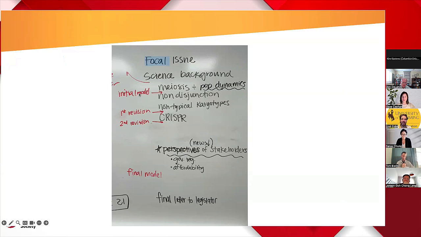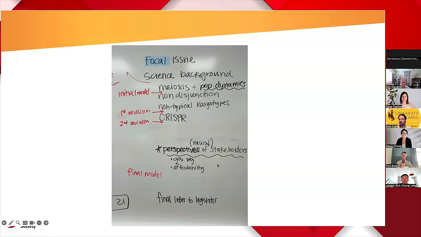They thought, okay, after I teach about meiosis, I'm going to integrate an initial model, and then after I talk about nondisjunction events and atypical karyotypes, I'm going to do a first model revision for the students, after which I'm going to introduce CRISPR. So we have the scientific concepts, and the modeling is interwoven into those as an iterative process.